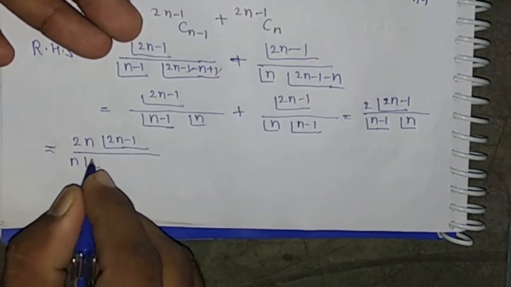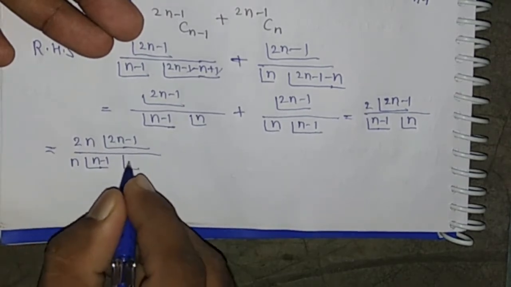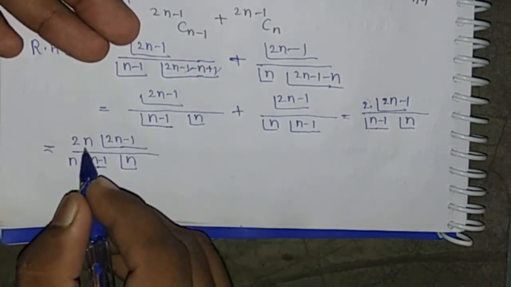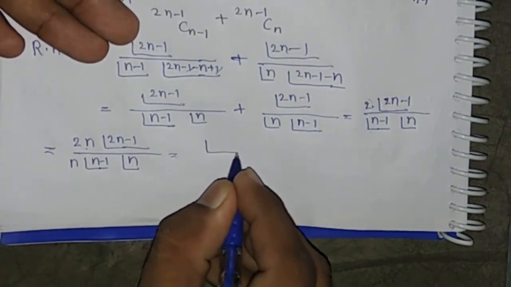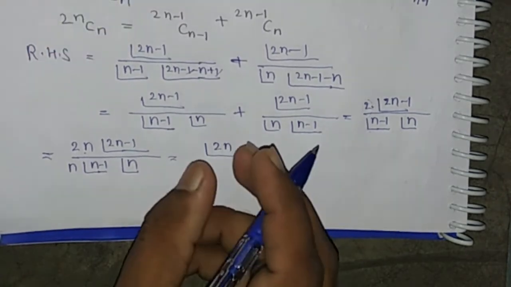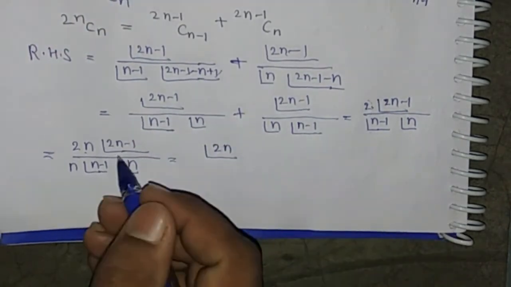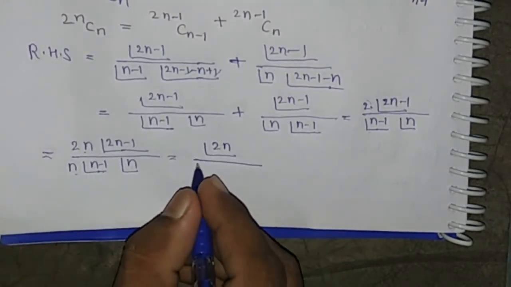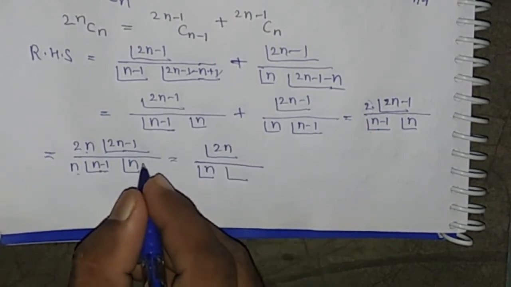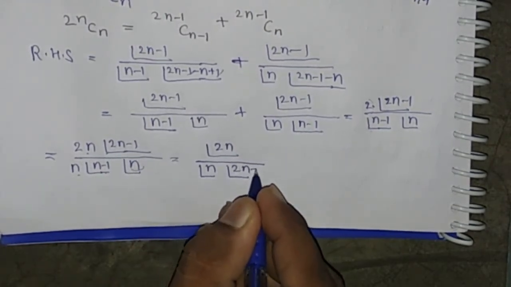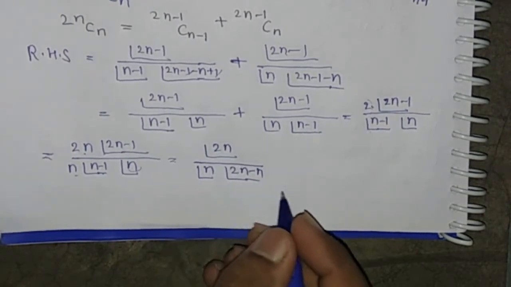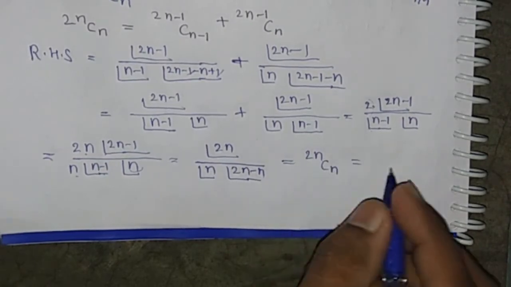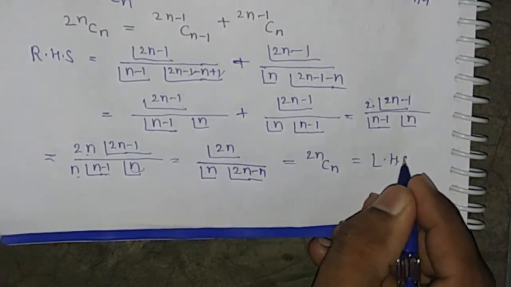We have (n-1)! n, which gives n!. And 2n × (2n-1)! can be written as (2n)!. So it becomes (2n)! / (n! n!), and n can be written as 2n - n, and it is the formula for 2n C n, which is our LHS. Hence proved.